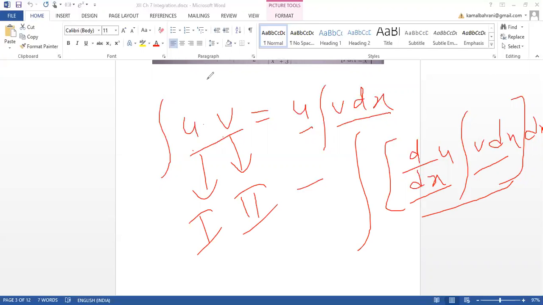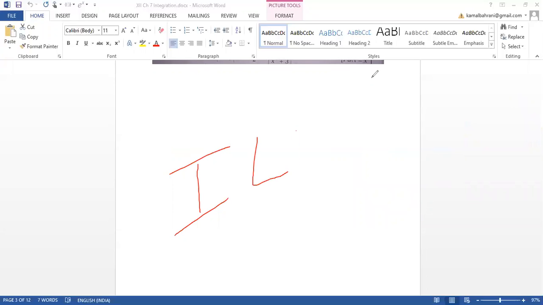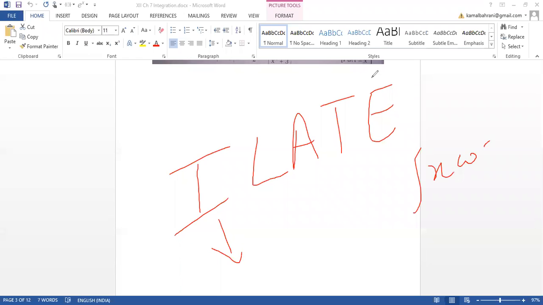Just see, we always go with ILATE. What does it mean, ILATE? I means first is the inverse trigonometric function. Whenever you are having two functions, like if you are having x cos x, integration of x into cos x, the first function will be always what?